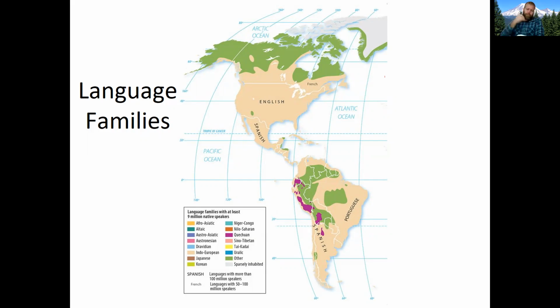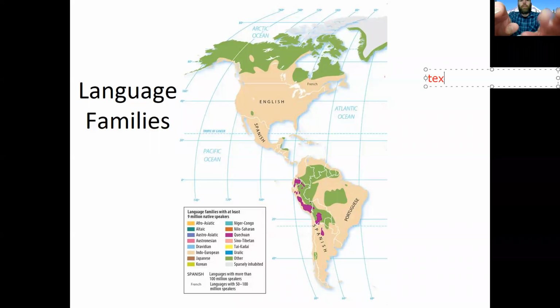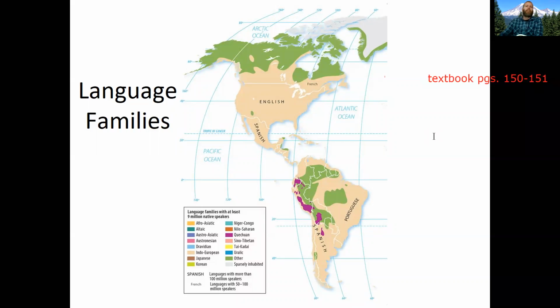What I want you to do is go to pages 150 to 151 in your textbook. I think it's helpful, using colored pencils and coloring the key, to create these maps in your booklet.